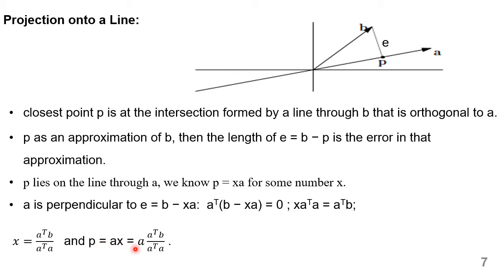So it is A into x, where x is given by A transpose B divided by A transpose A.